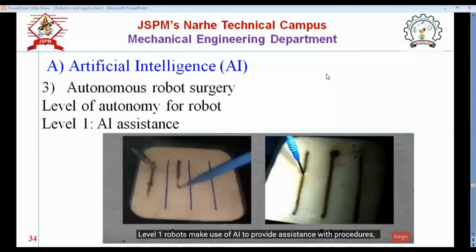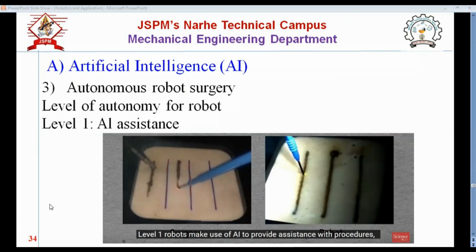Now go here and see level number 1. That is, the AI will assist the surgeon. You can see the blue lines are made to guide the surgeon, telling the surgeon to make the incision between the 2 lines. That is level number 1 in autonomy.